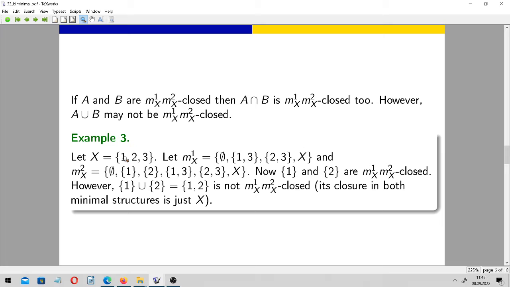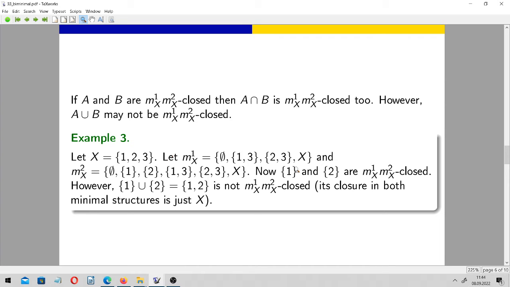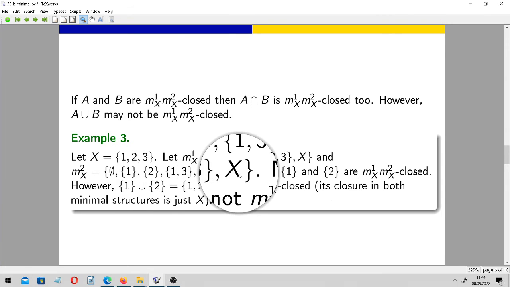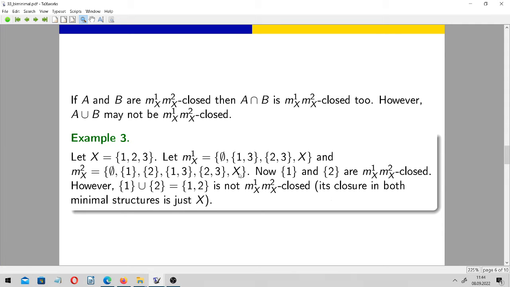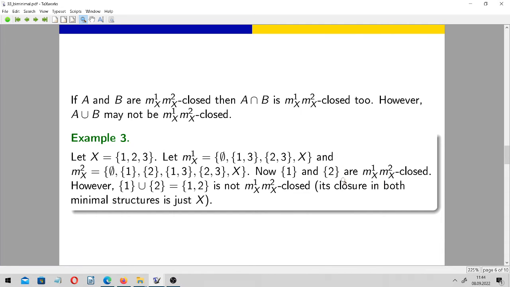Here is a very simple counterexample: X contains three elements, 1, 2, 3. We have these two minimal structures, so the whole construction is a biminimal structure, and one can check that the singleton of 1 and the singleton of 2 are M1, M2 closed.